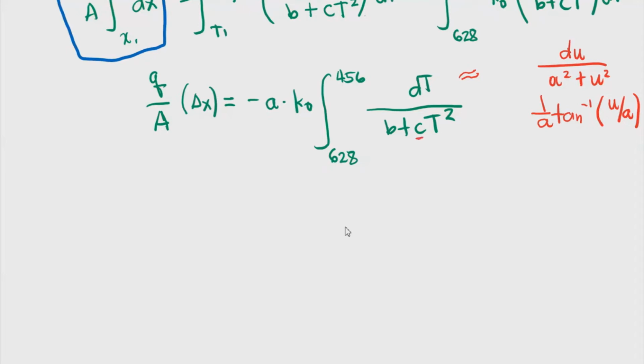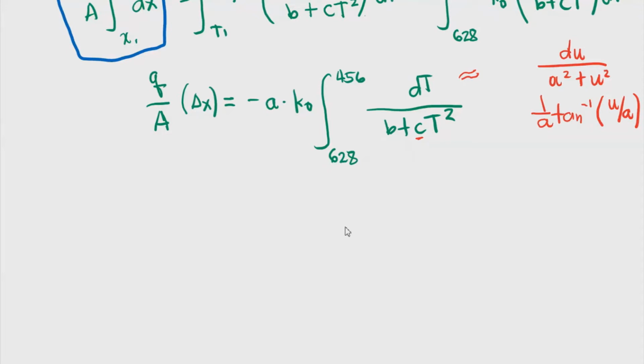If we assume that u is t, kasi kung ano yung variable natin na dinidifferentiate or in-integrate, yun yung nandito ngayon na may square. In this case, that is t. So this is the t squared. And since mag-isa lang siya, wala siyang kasamang multiplier or a constant, which in this case is c, we need to factor this out first para maging simple yung ating equation.